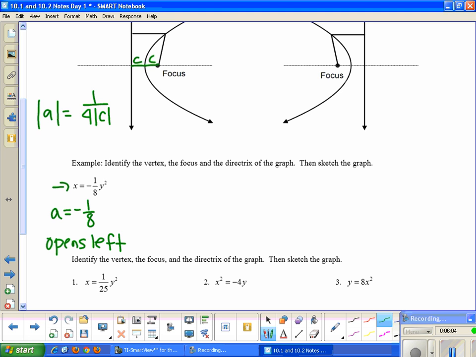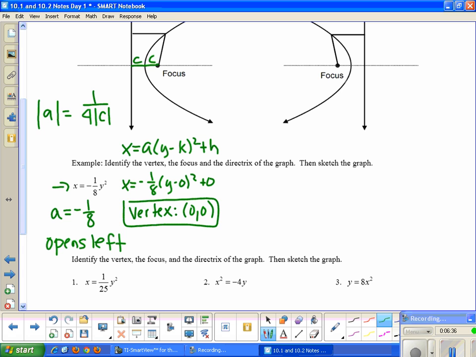Now, also for this, remember the equation, x equals a times y minus k squared plus h. If there's nothing attached to the y and nothing added on the outside, then that means that my vertex is going to be at 0, 0. So in this case, I could rewrite this as x equals -1/8 times y minus 0 squared plus 0. So that means that my vertex is at 0, 0. So I got the vertex.